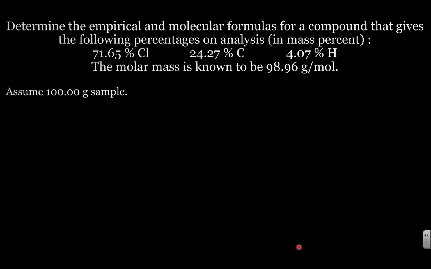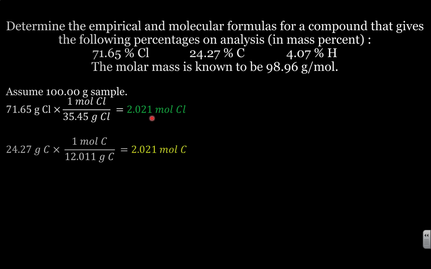So we're going to assume a 100-gram sample, which is going to make our calculations easy. We have 71.65 grams of chlorine. That percent just gets changed to grams. And so we'll divide by the molar mass of chlorine from the periodic table, and then we'll get the number of moles of chlorine. We'll do the same thing for carbon and the same thing for hydrogen. Simple enough. These again came from the molar masses.